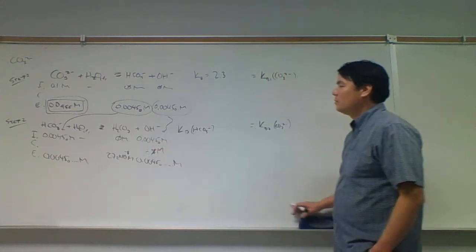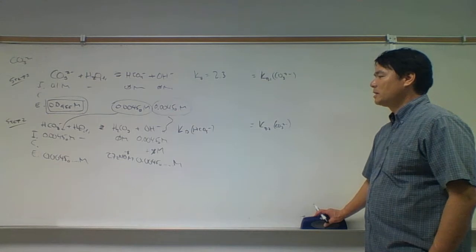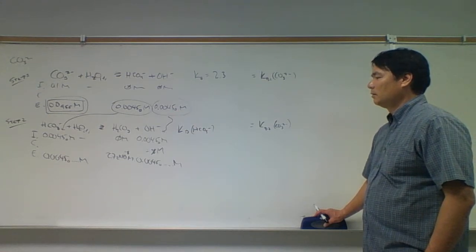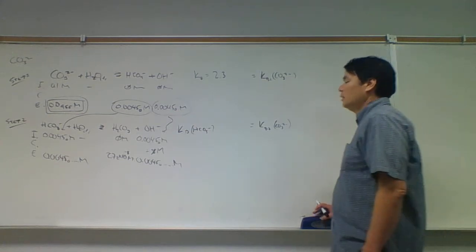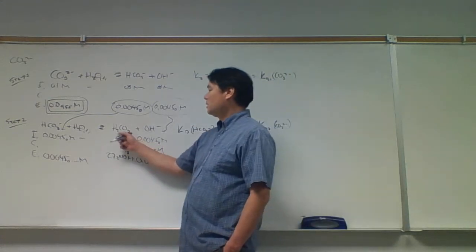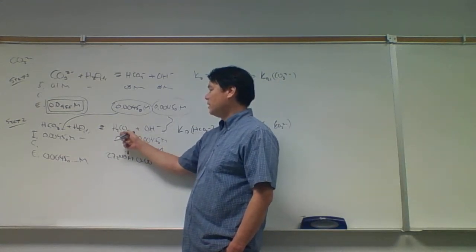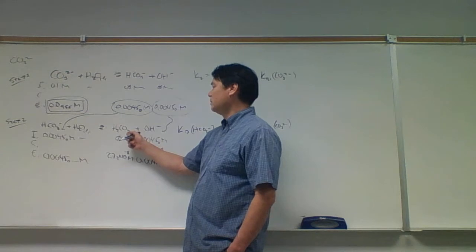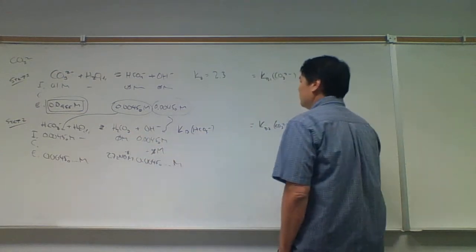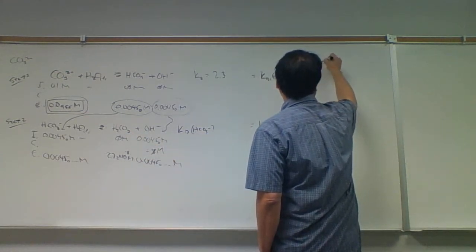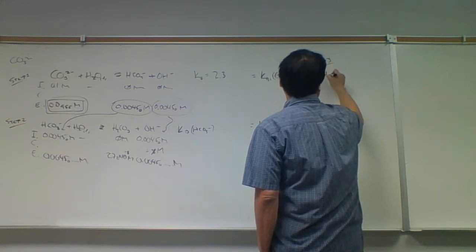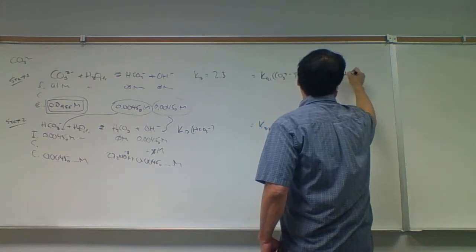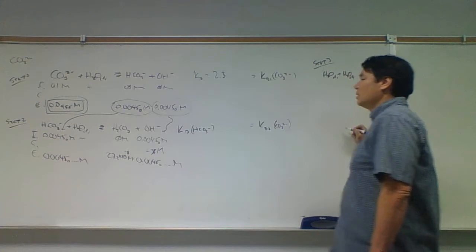But there is one more hydroxide contributor, and what is that? Water. Because carbonic acid is not a hydroxide. This is only an acid. This is not amphoteric. You can't go both ways. And so that's our step 3. Step 3 is going to be water autoionization, or water hydrolysis.